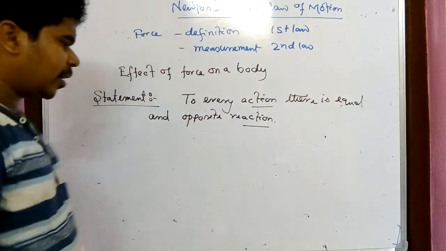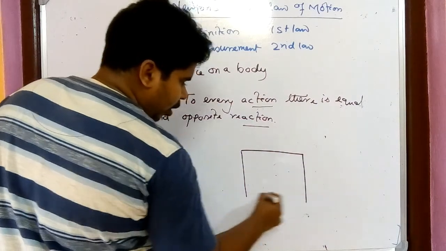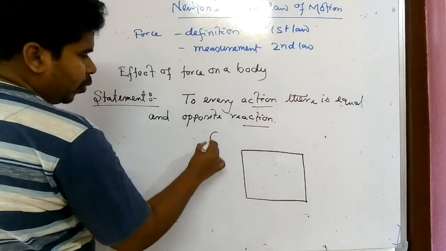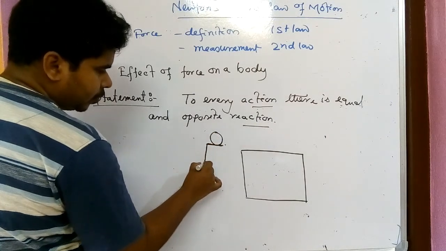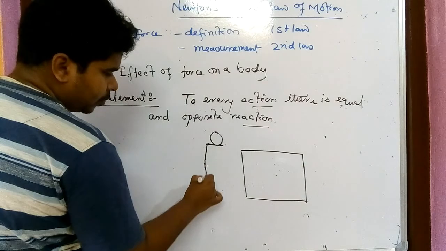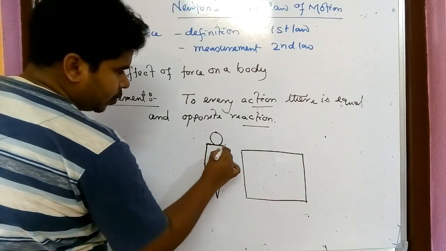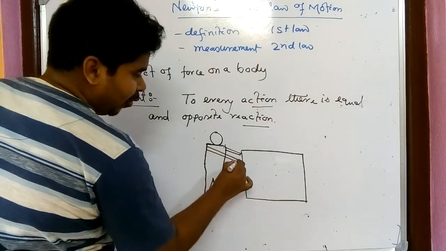Very simple thing. Assume one object is kept here and I want to pull it. Follow the concept, don't follow the drawing.